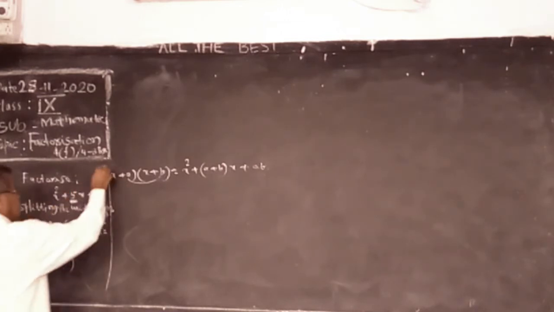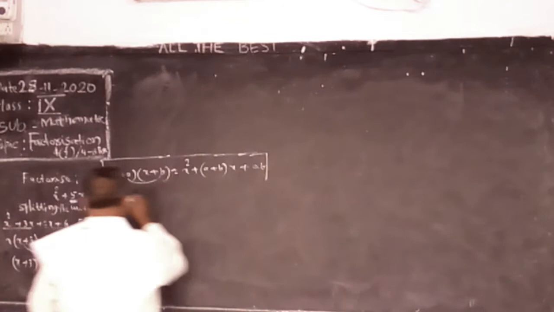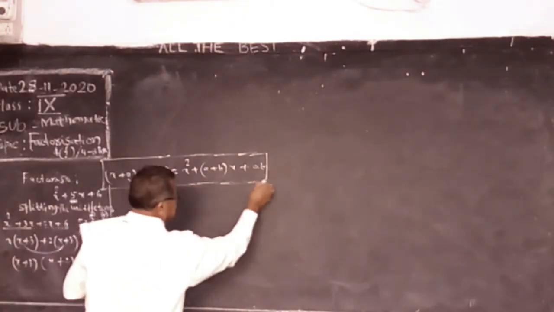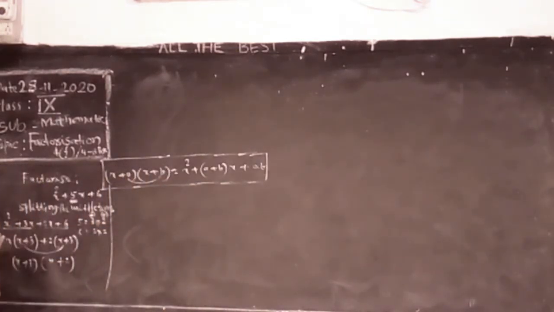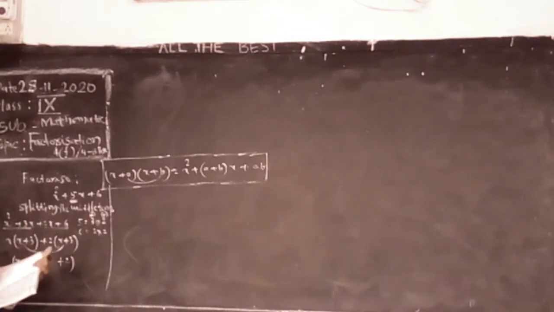This is the formula. We are splitting the middle term into sum and product. So there are some problems.